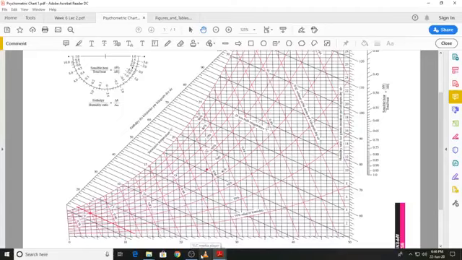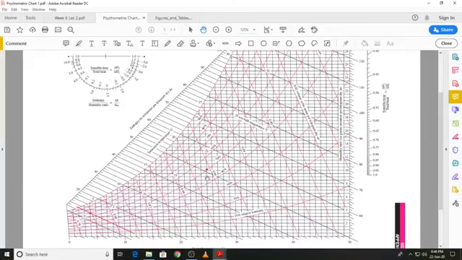That is 4 degrees C dry bulb temperature and 2 degrees C wet bulb temperature. The other air stream has a dry bulb temperature of 25 degrees C and a relative humidity of 50%. So this is 25 over here.